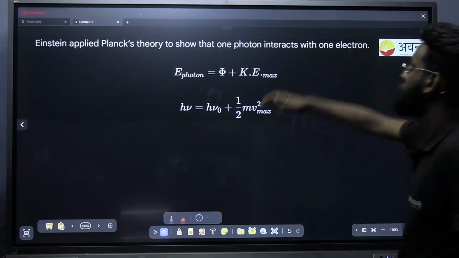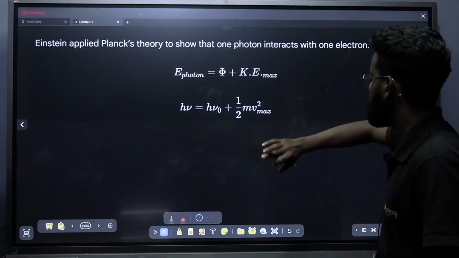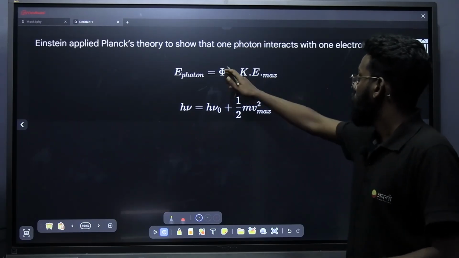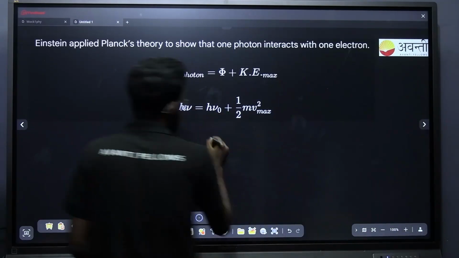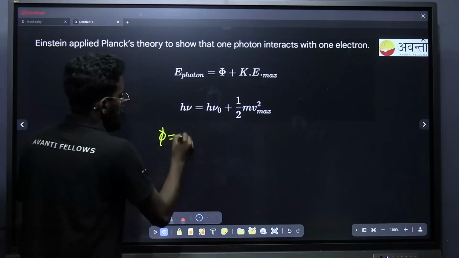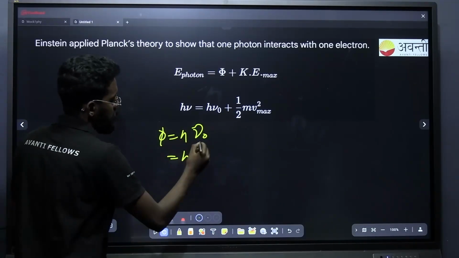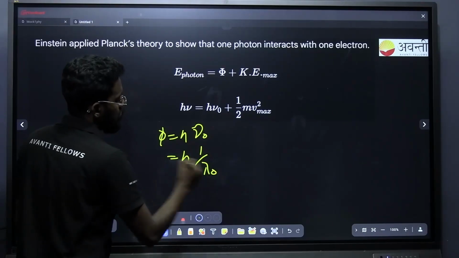Here is the equation for the photoelectric effect. Work function is equal to the maximum kinetic energy. The work function equation is equal to h nu naught. Nu naught is the threshold frequency, and this nu naught I can write as 1 by lambda naught.